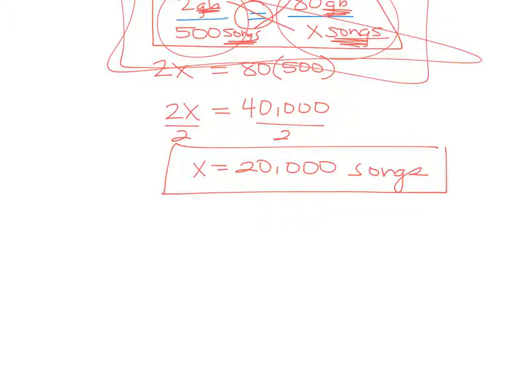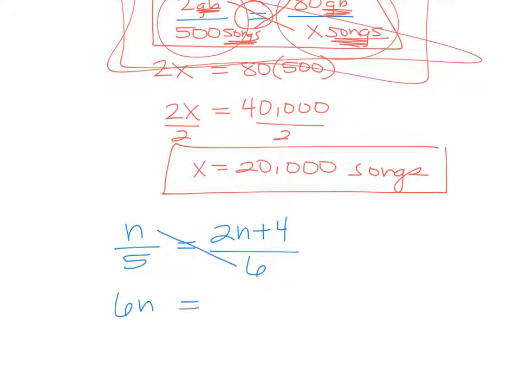Let's say I give you n over 5 equals 2n plus 4 over 6. What do I do with that? Cross multiply. What do you get when you cross multiply it? 6 times n. Bring your equal sign down. What do you do with this one?